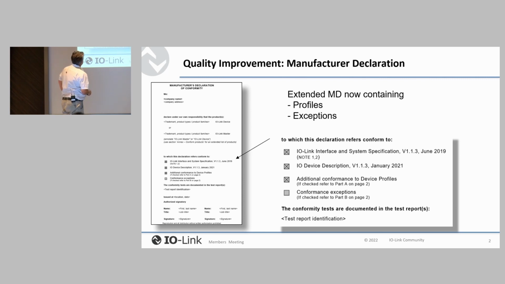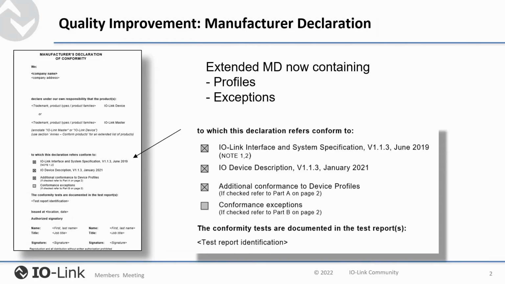So I had a screenshot here from this declaration, and as you can see, this part is the old one, and we have now extended some topics and some issues you can click on. The manufacturer declaration now also declares conformity to the profiles.